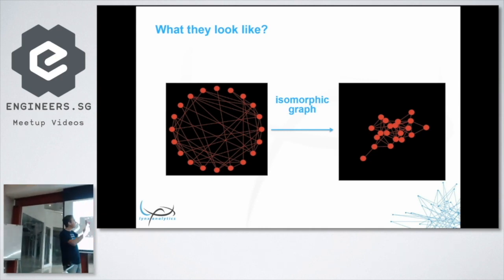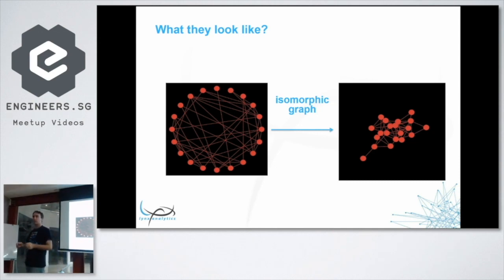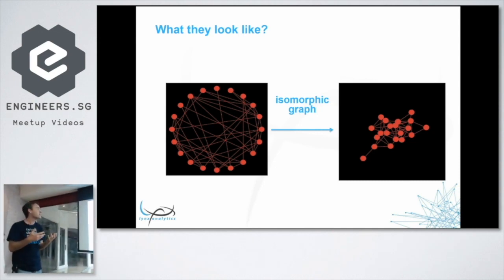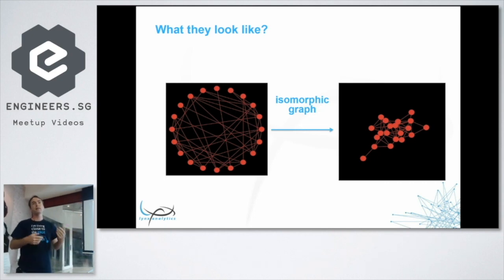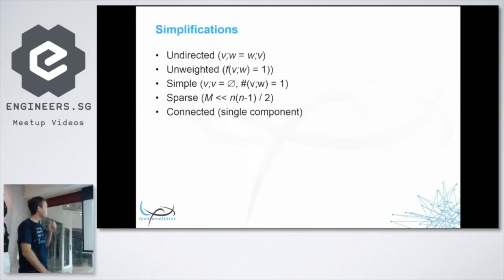The two graphs are, I call it, isomorphic, because they look exactly the same if I list the vertex set and the edge set. There would be no difference. And again, I'm cheating a little bit. There are even more isomorphisms in graphs, but let's not go into that much detail.